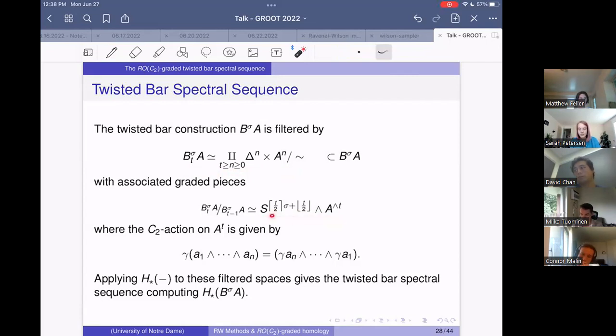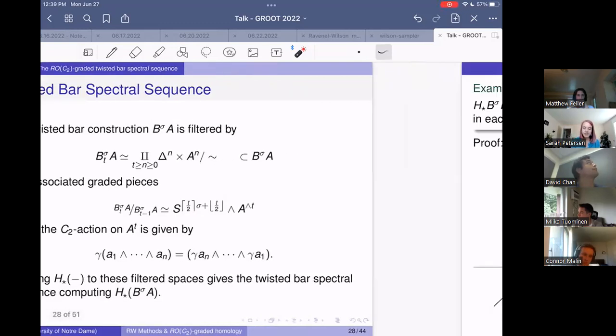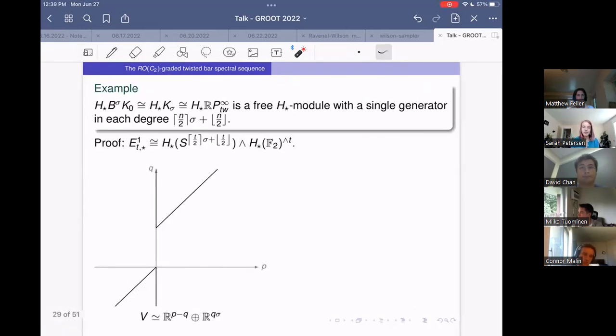We now have a representation sphere smashed with T copies of our monoid, and these T copies have a C2 action, but we can again apply homology to this, and this will give us a spectral sequence computing the RO(C2)-graded homology of B sigma of A. So that's great. Let's see how this works in computation.